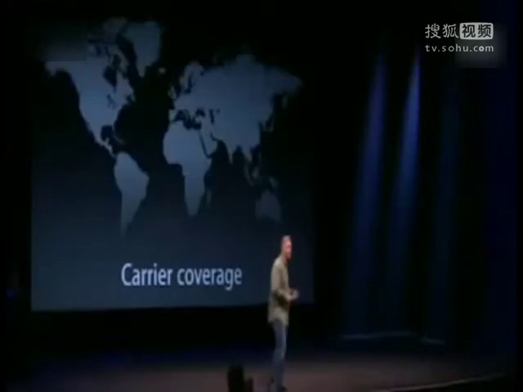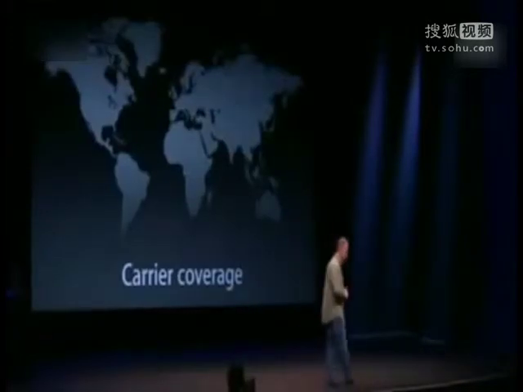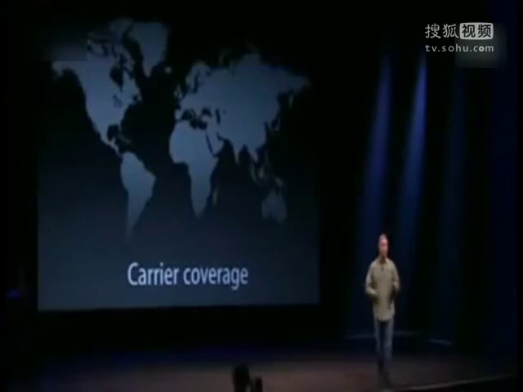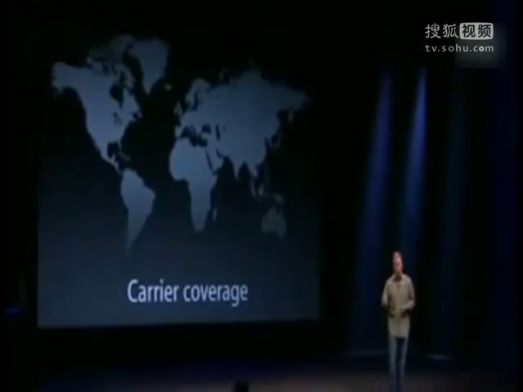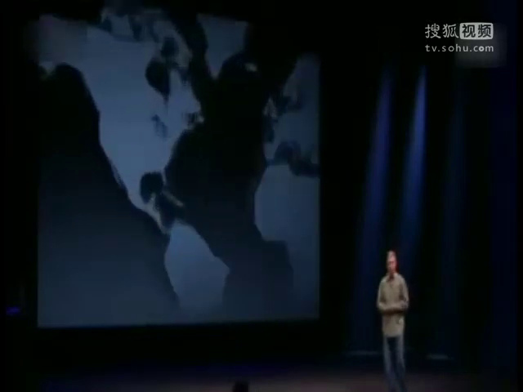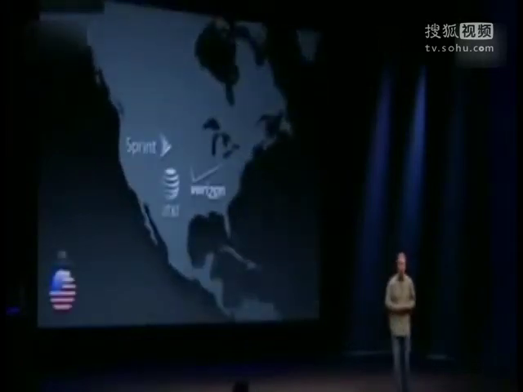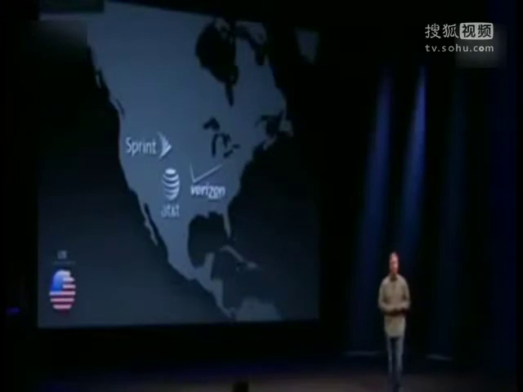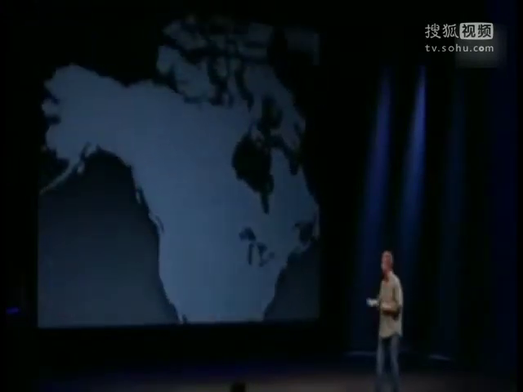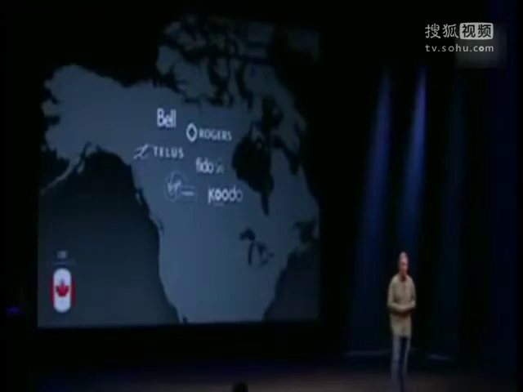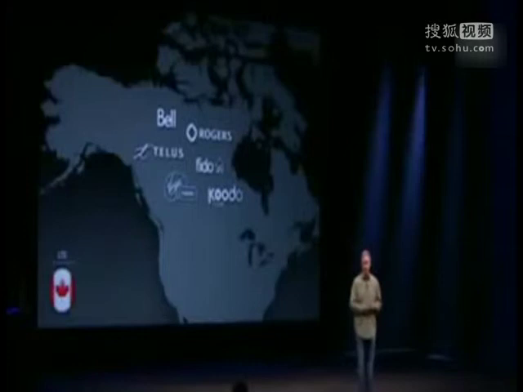And there are different bands and frequencies around the world. So an important question is, who are we working with to roll out LTE on iPhone 5? Well, in the US, we have great partners we're working with, AT&T, Verizon, and Sprint, to support LTE on iPhone 5. In Canada, Rogers, TELUS, Bell, Virgin, Fido, Koodo.